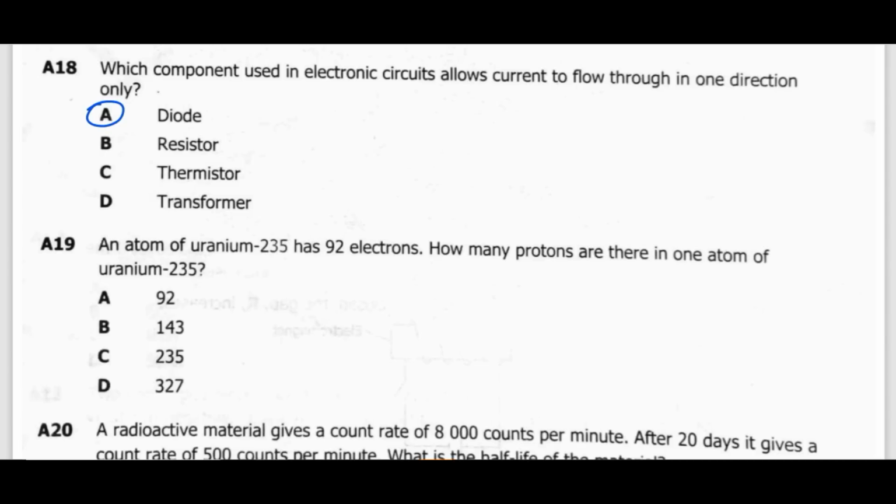So this uranium that we have here, they've asked us to say how many protons are there in one atom of uranium 235. So the answer here is very simple. So the answer is A. So when we write, so we have the uranium, the electrons that we're going to have is 92.